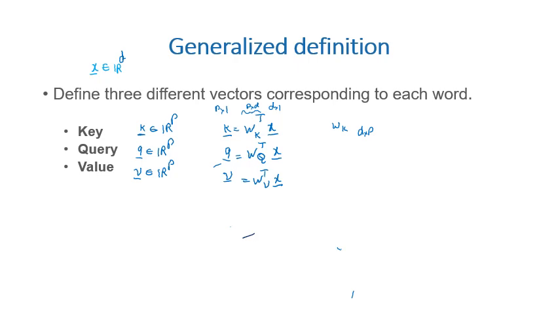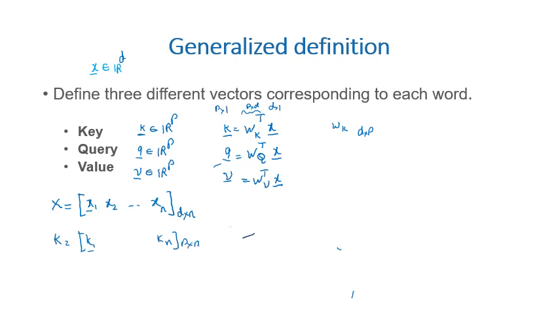Now, suppose that I put all of the x's in a matrix. So I have x1, x2, up to xn. So I put everything in a matrix, and this matrix is D by n, if I have n words. And I put all keys in a matrix k1 to kn, and it's going to be P by n.